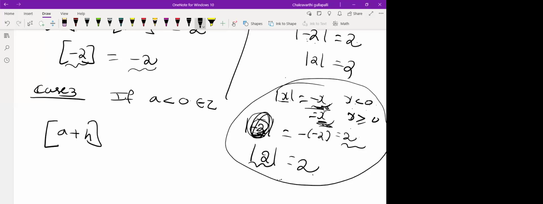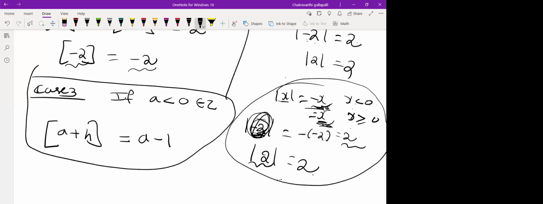Then box of a plus h is defined as a minus 1. Remember. How? I will show you. If it is a positive integer, box of a plus h means a itself. If it is an integer, it is itself, whether negative or positive. If a is a negative integer and h is the decimal part, box of a plus h is a minus 1. Why is it so?